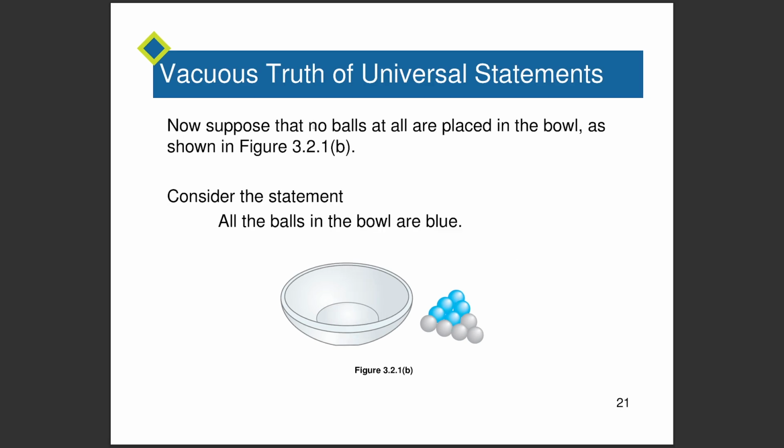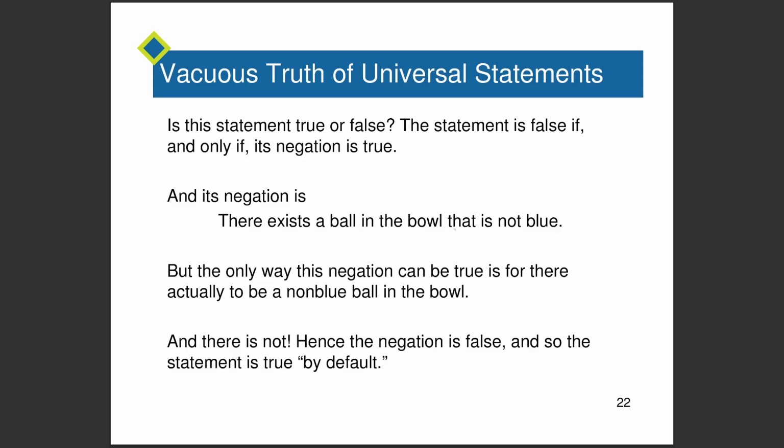Or suppose that we had nothing in the bowl. It was empty to begin with, so no balls are placed in the bowl. Then if I had a statement that all the balls in the bowl are blue, is that statement true or false? The statement is false if and only if the negation is true.